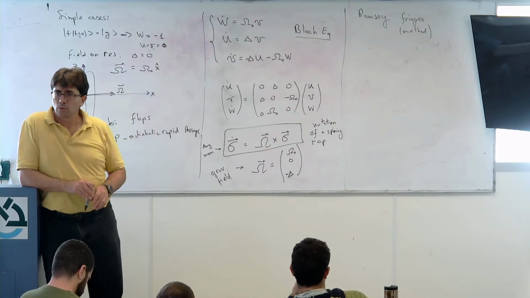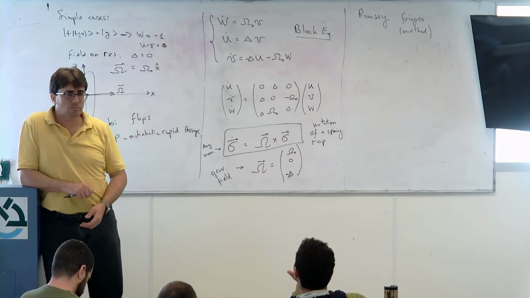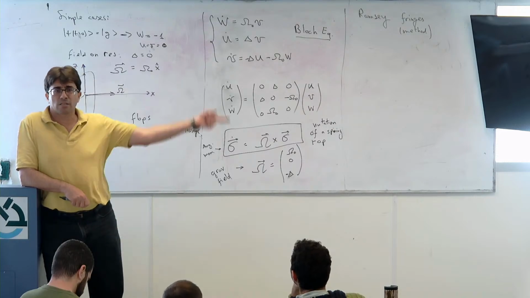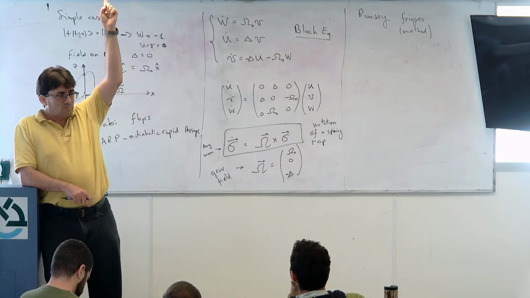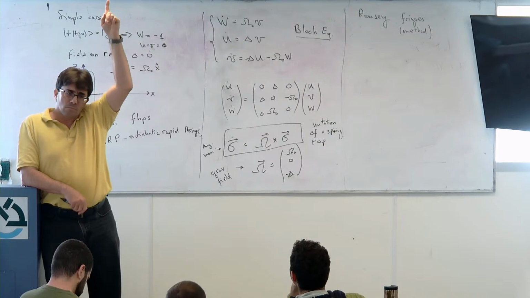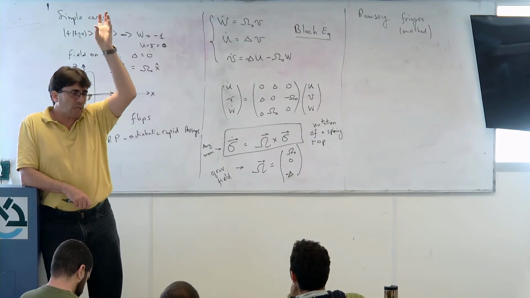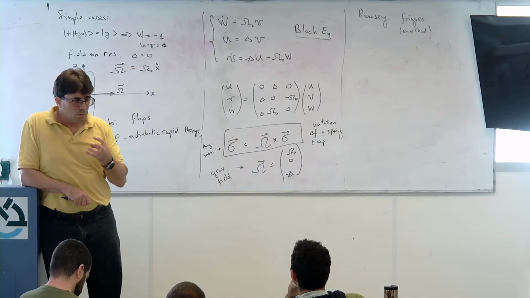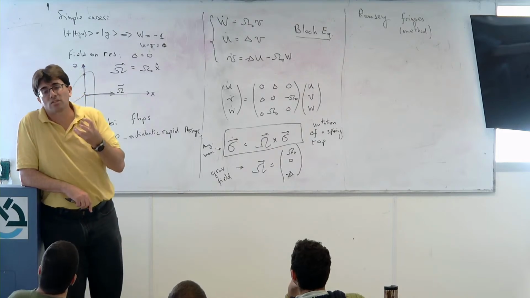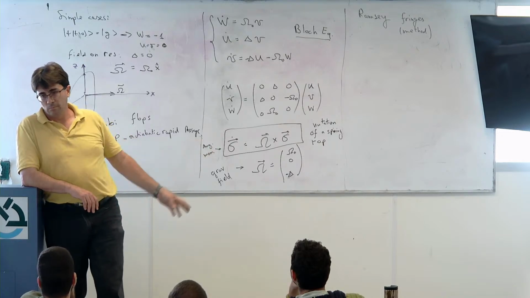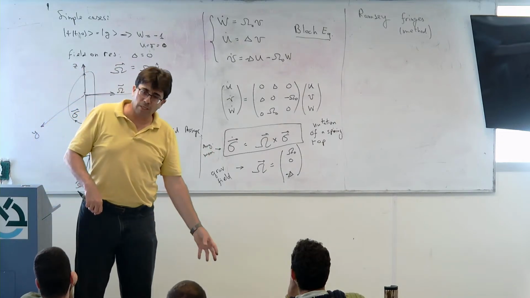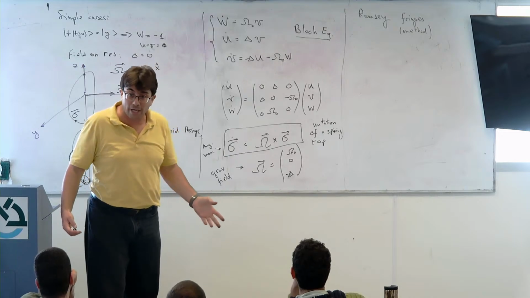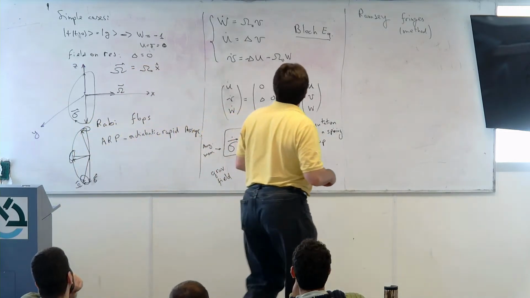That means that if we put all atoms in the excited state, W equals 1, after some time they will all decay back to the ground state. So W itself has a tendency to go to -1. It is being drawn to -1 by spontaneous emission. We don't know why, but we know that it happens, and it has some time.